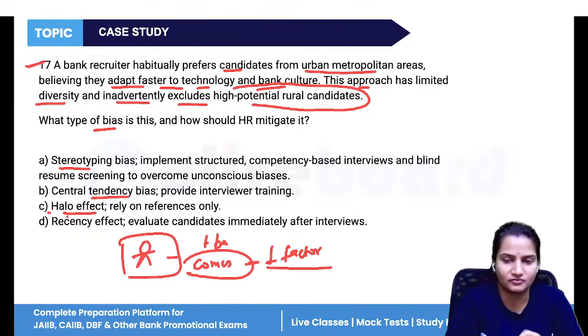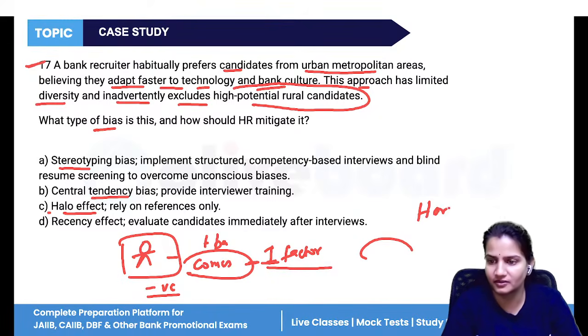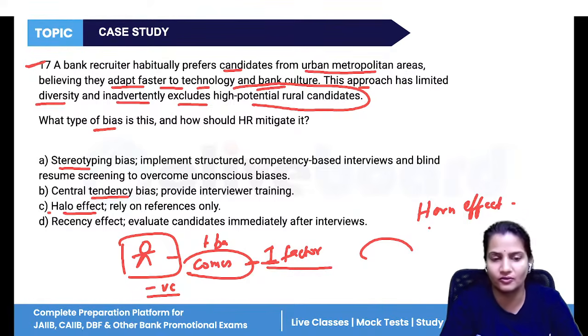That is called the halo effect. So based on one negative factor, you are assuming that all the factors in this individual would be entirely negative. This is halo. And its opposite is what? The horn effect. The one who is talking very well, you are assuming that he is good in all other activities as well. So that's the horn effect.